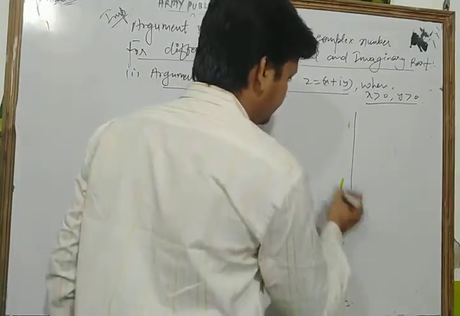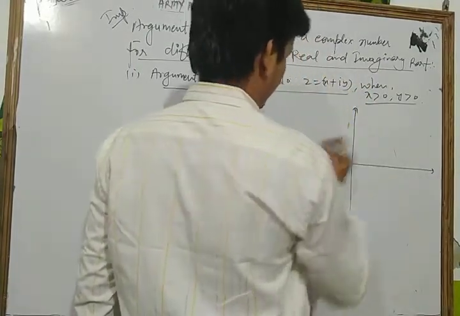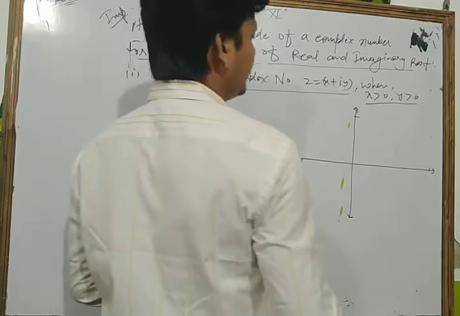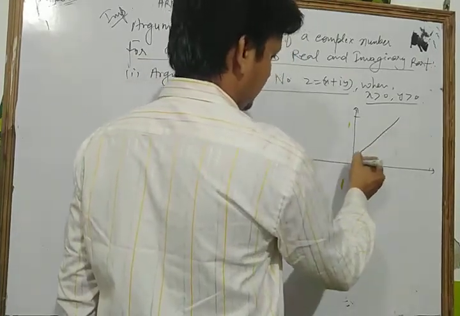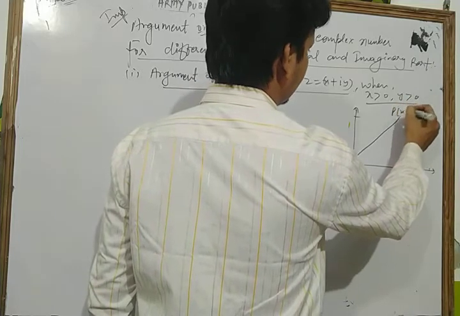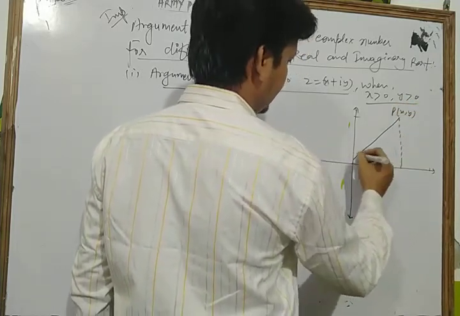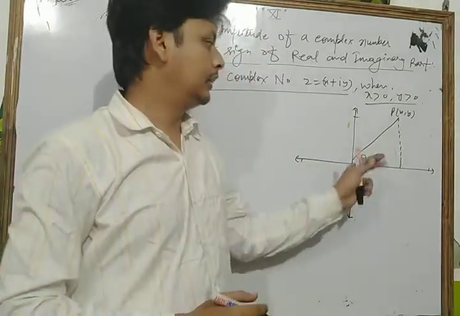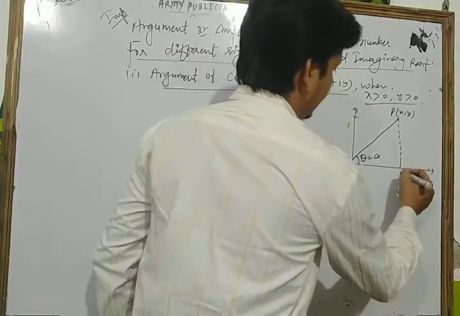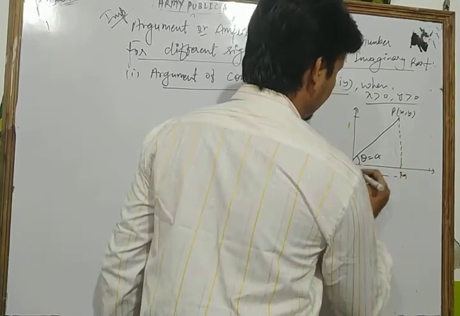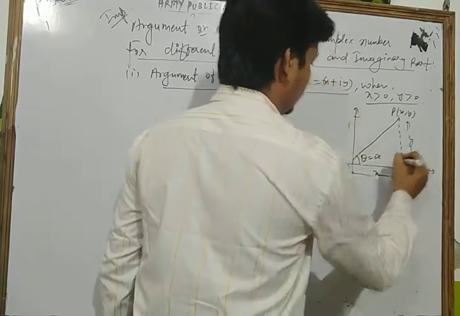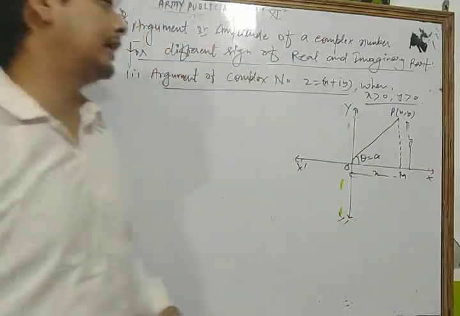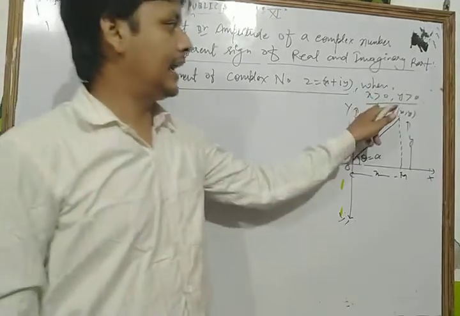Now let's see the figure. Here let us consider the point P with coordinates x, y. Take theta equal to alpha, where alpha is an acute angle, and here we take M. This is the point x, this is y, along X'OX and YOY'.